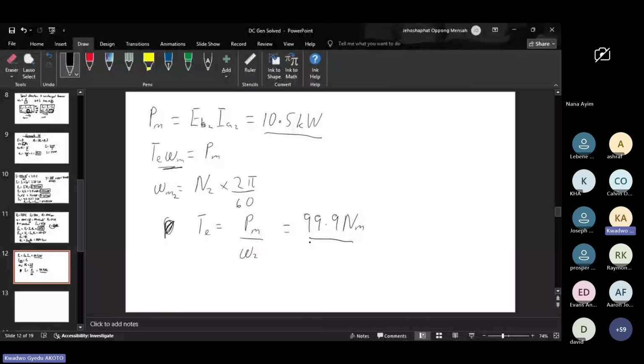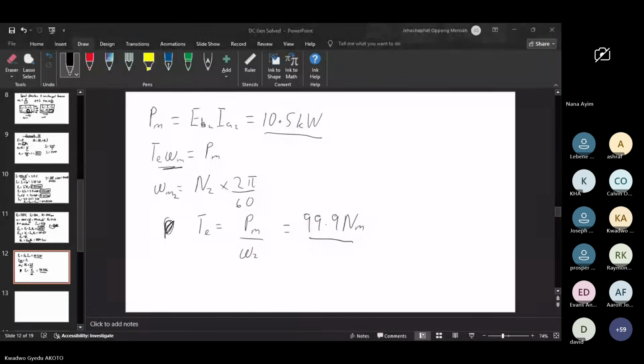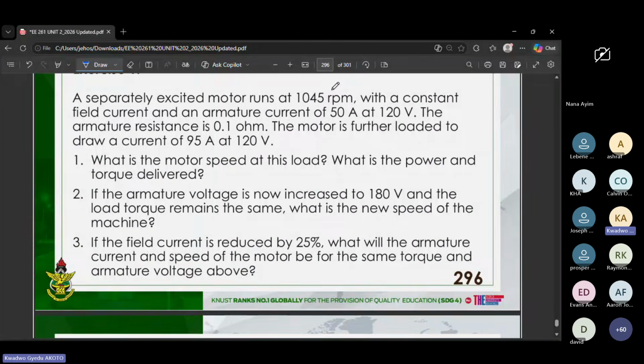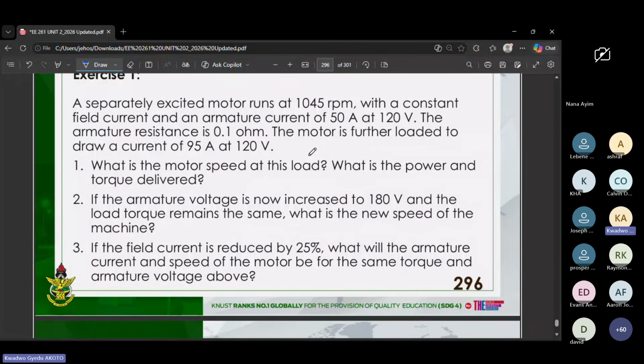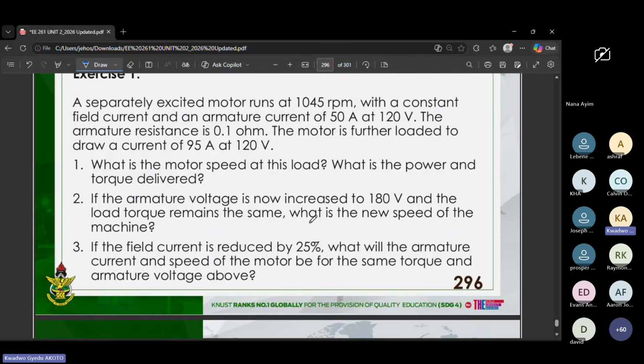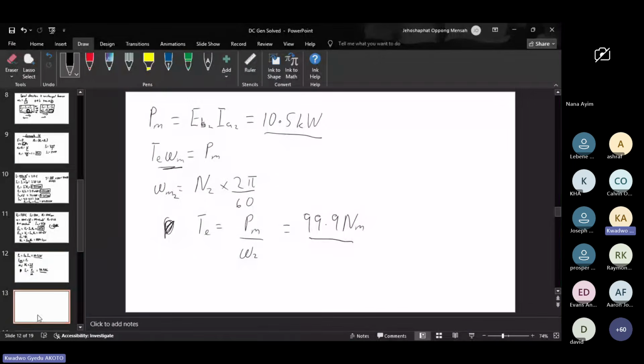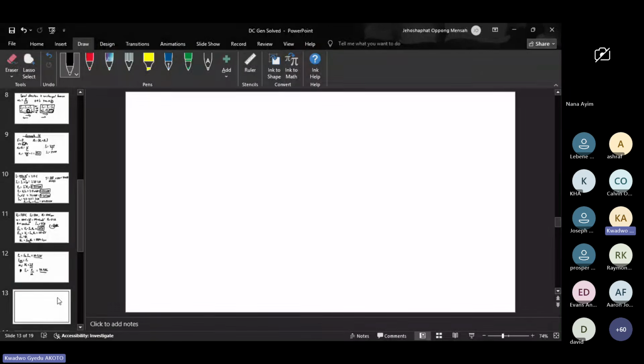Okay. So moving on, the next part says if the armature voltage is now increased to 180 and the load torque remains the same, what is the new speed of the machine? The load torque remains the same. All this is trying to tell us is that we are still operating at constant flux, right?